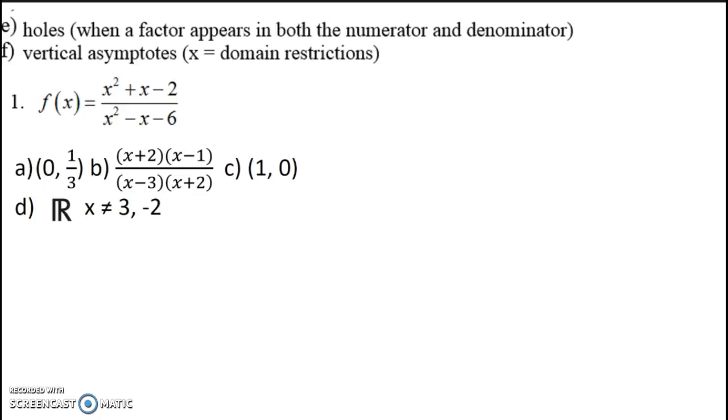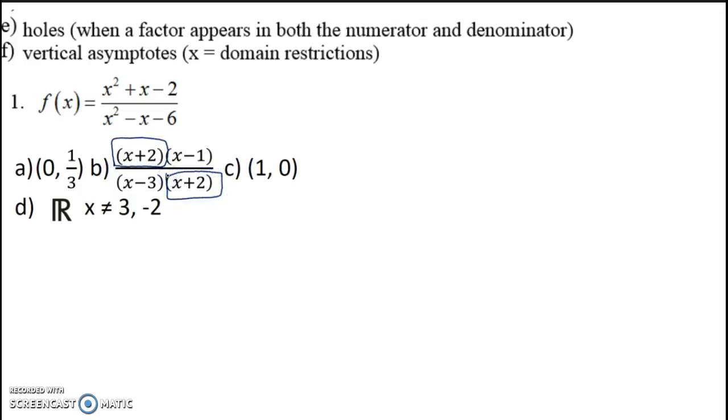When a factor appears in both the numerator and the denominator, I'm going to get a hole. Looking at B, which is the factored version of this function, do I see a factor in both the numerator and the denominator? I really hope you do, because it's right here and right here.